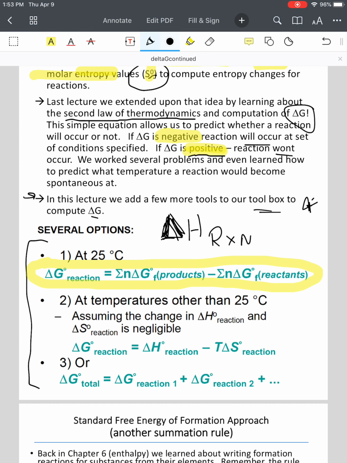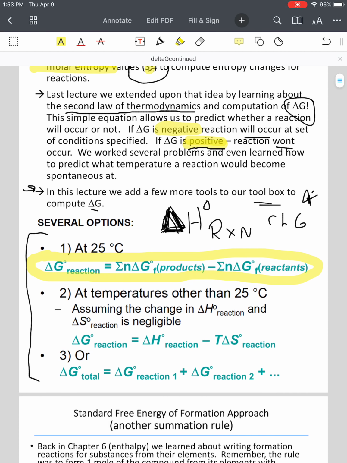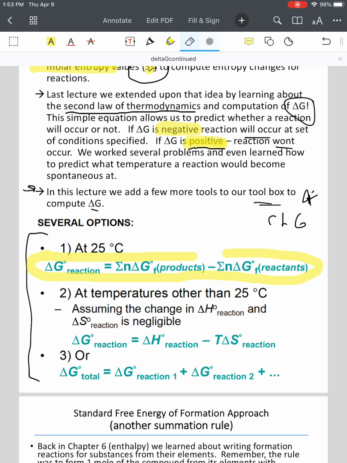It's kind of messy, unfortunately. My pen's not the greatest, yeah? But you computed the standard enthalpy change of a reaction back in chapter 6, okay? And you used the summation rule to help us do that. Earlier in this chapter, we even used a summation rule to compute entropy changes, or changes in delta S.